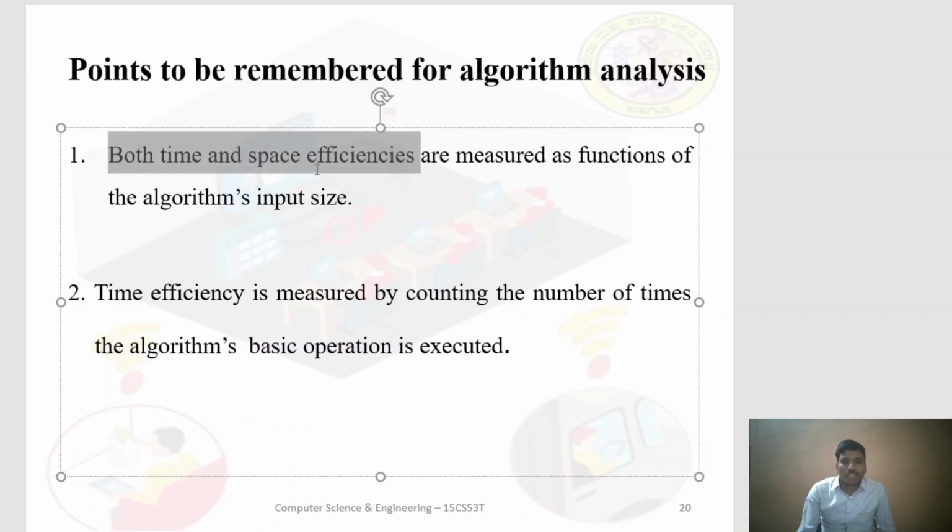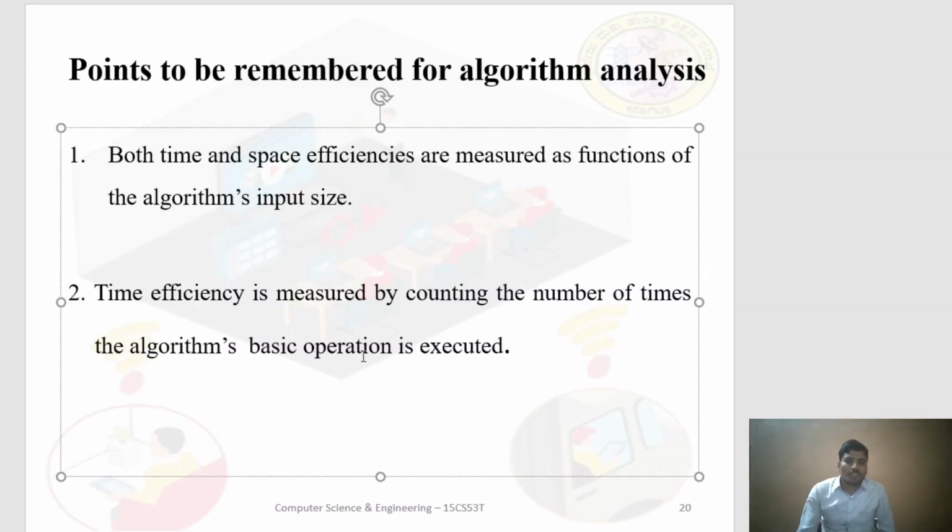Both time and space efficiencies are measured as functions of the algorithm's input size. So algorithm analysis ಮಾಡಬೇಕಾದ್ರೆ two important factors ಏನಿದೆ, time and space. So time efficiency and space efficiency. So our time and space efficiency ನಾವು ಎದರಲ್ಲಿ ಮೆಜರ್ ಮಾಡ್ತೀವಿ? We measure that as functions of the algorithm's input size.